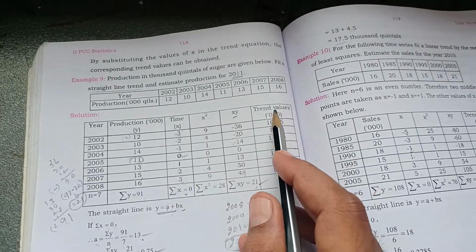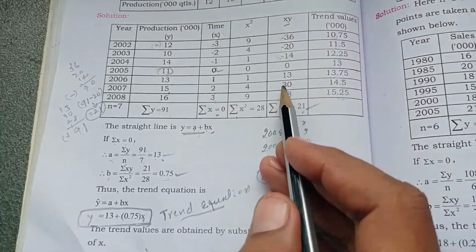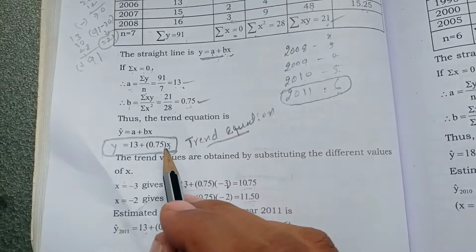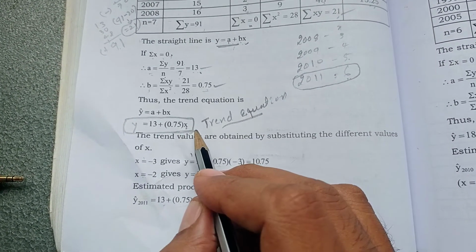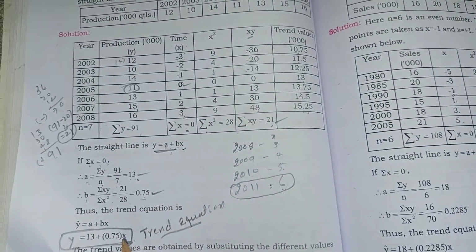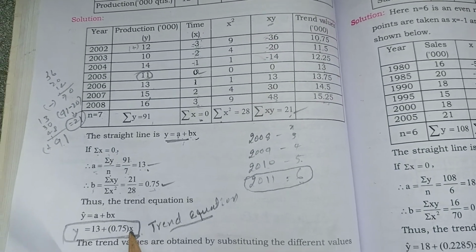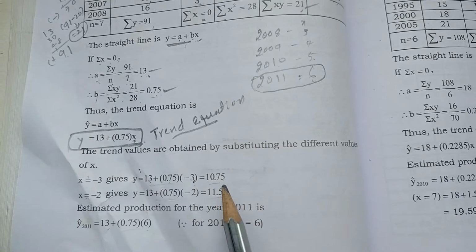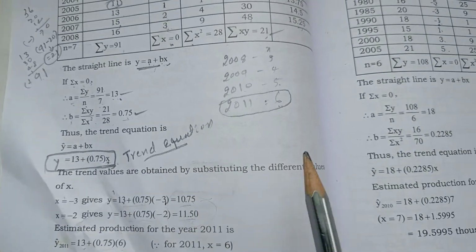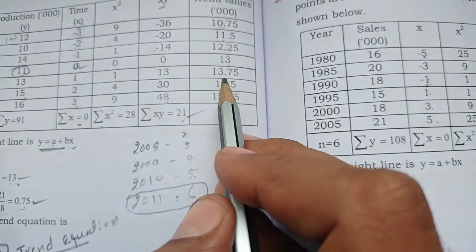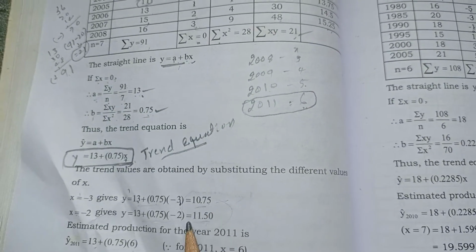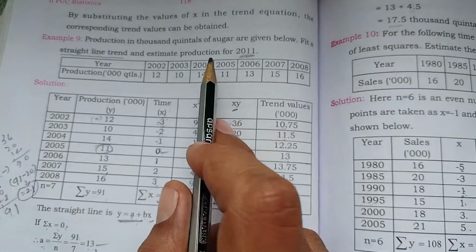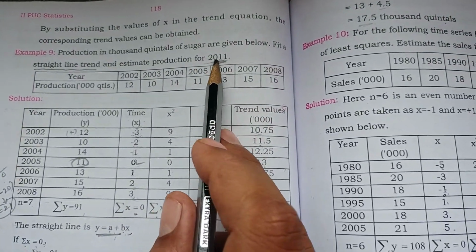To calculate the trend value, put the x value, -3, -2, -1, 0, 1, 2, 3, in the trend equation we calculated here. I will get these values, which are considered trend values.